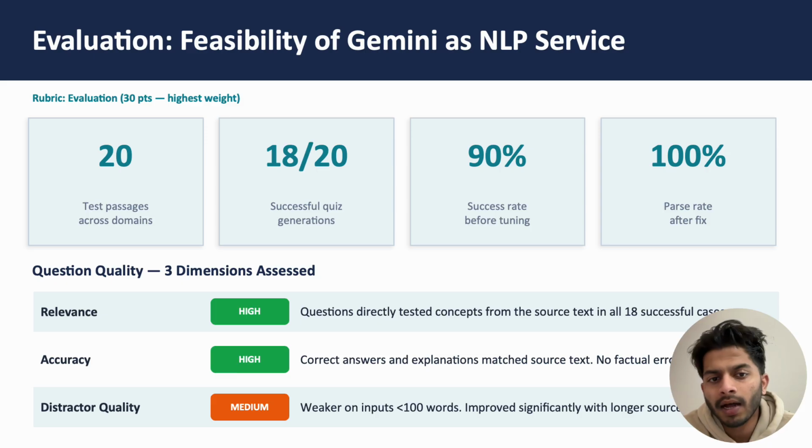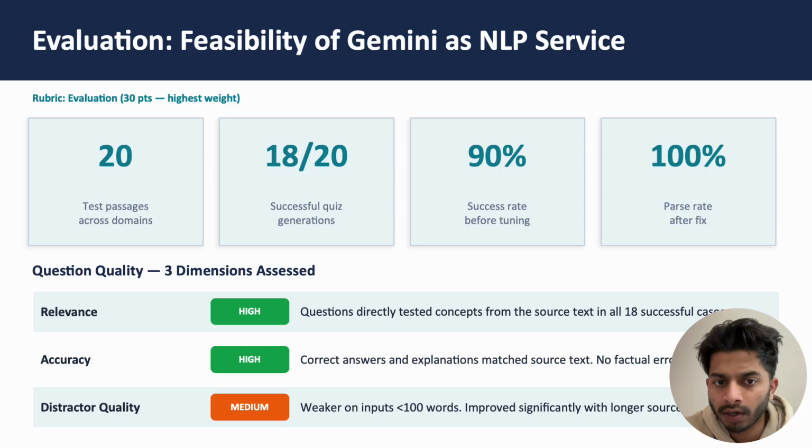So I assessed question quality across three dimensions. Relevance was high across all 18 successful cases. The questions directly tested concepts from the source text. Accuracy was also high. Correct answers matched the source material with no factual errors observed.